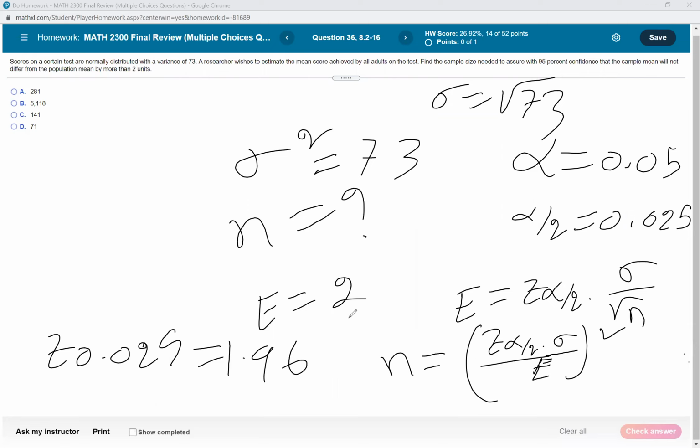If you simplify this, you will get 70.1092. But in this case, for the sample size, we always round up to the nearest integer. So the next integer is 71. So the answer will be 71.